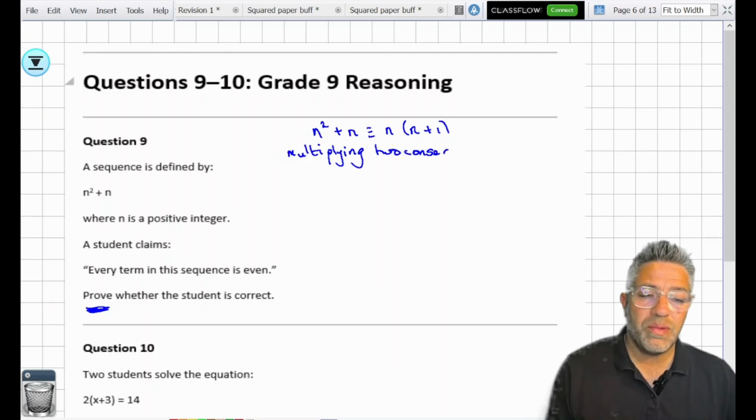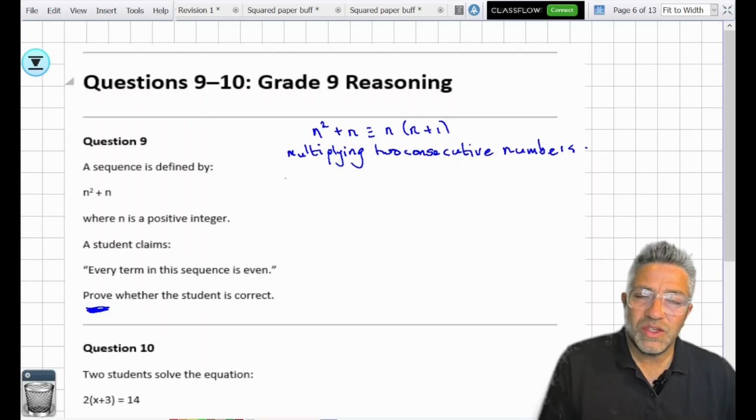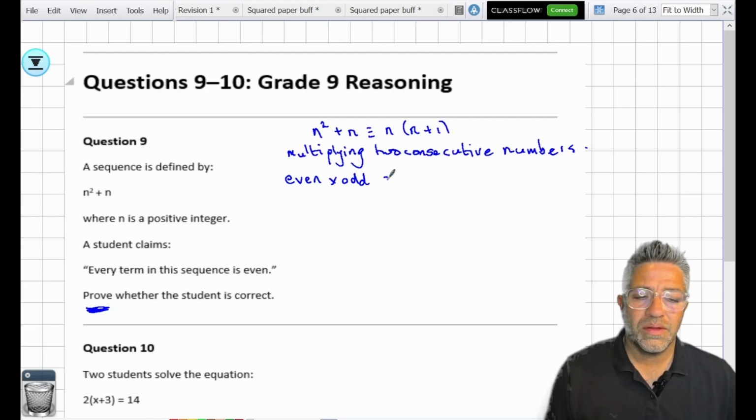And that's really important to get our head around in the first instance, because if you're multiplying two consecutive numbers, it means we're either going to be multiplying an even times an odd, which equals an even, or we're going to be multiplying an odd by an even, which is also an even.